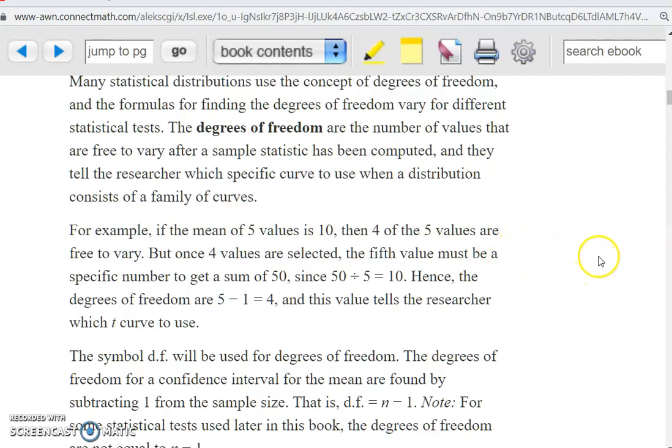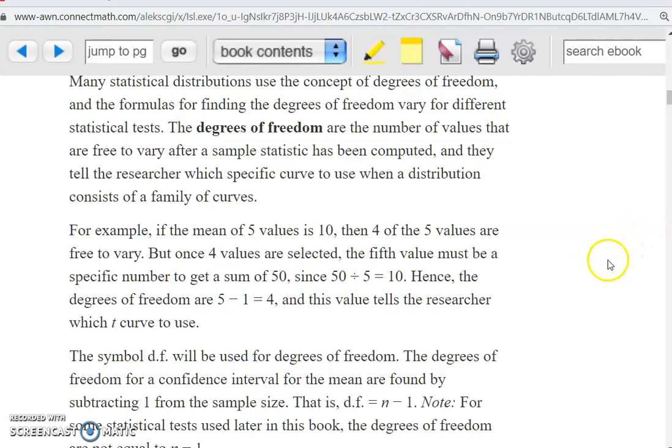The 5 values have to add up to 50, because in order to get a mean of 10, you must have a total sum of 50. The reason that's true is because 50 divided by 5 is equal to 10. That's what we mean by the mean. It's the sum divided by the number of guys in your sample.